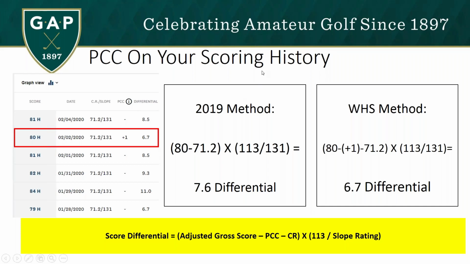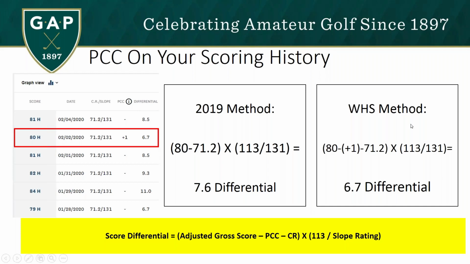Looking at how this works, in 2019 it was the same formula, but that minus PCC component wasn't there. The adjusted gross score was 80. You subtracted the course rating of 71.2, multiplied by 113, and then divided by the slope of the tee at 131. That was a 7.6 differential.